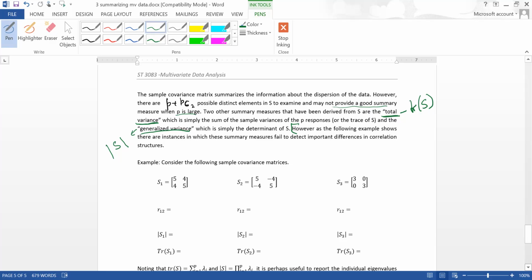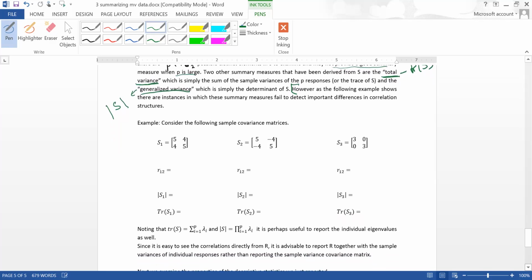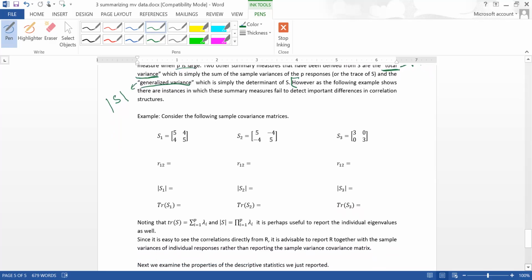So this example says these summary measures may not work all the time. Here's an example for you to work on. Consider the following sample covariance matrices. These are just bivariate cases, so you have 2 by 2 matrices. S1 is the first variance covariance matrix, S2 is given, S3 is given.